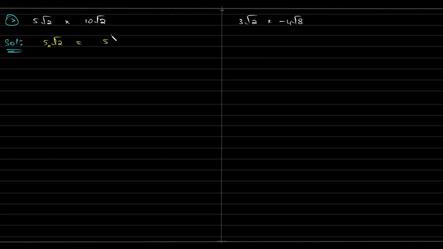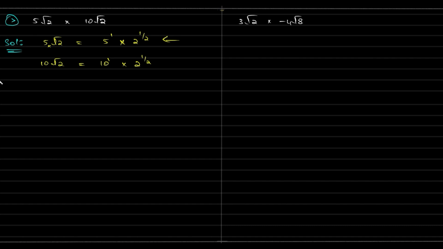Well, 5 can be written as 5 to the power of 1, and root 2 is nothing but 2 to the power of half. Their powers are not the same. Is it not? So 10 root 2 can be written as 10 to the power of 1 into 2 to the power of half. So the bases are not the same, the powers are not the same, we can't touch them individually.